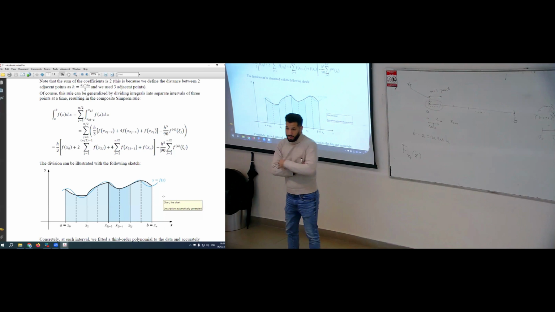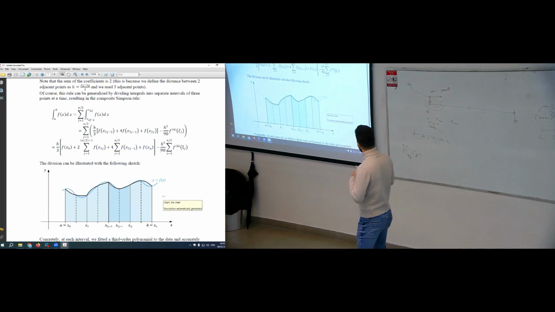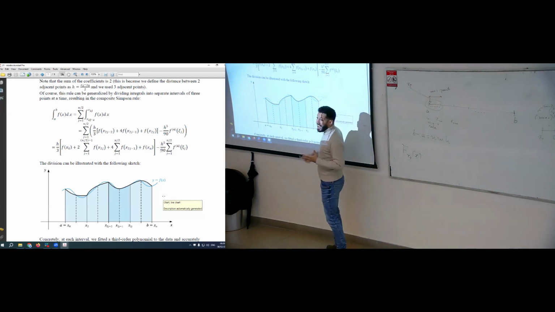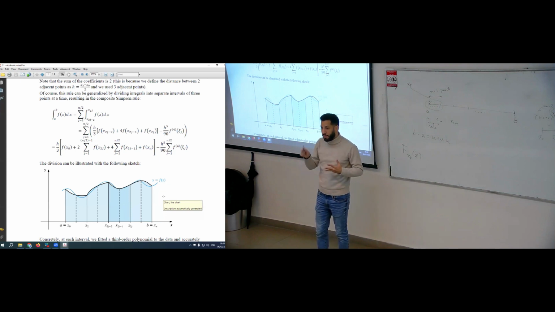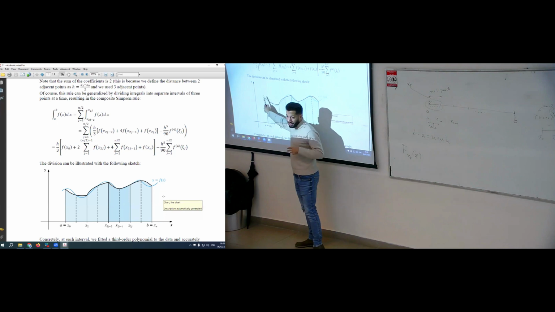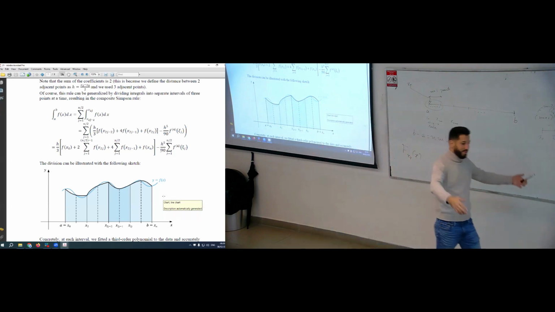And then calculate the integral over the interpolation function, and then find the error. And the answer of that integral of the interpolation function will be the same as the answer of the quadratic form.